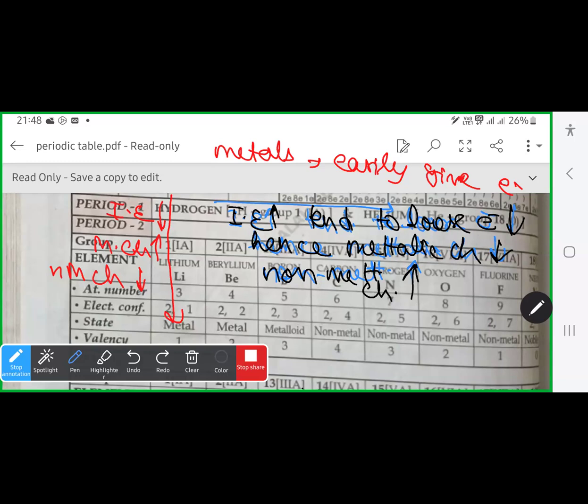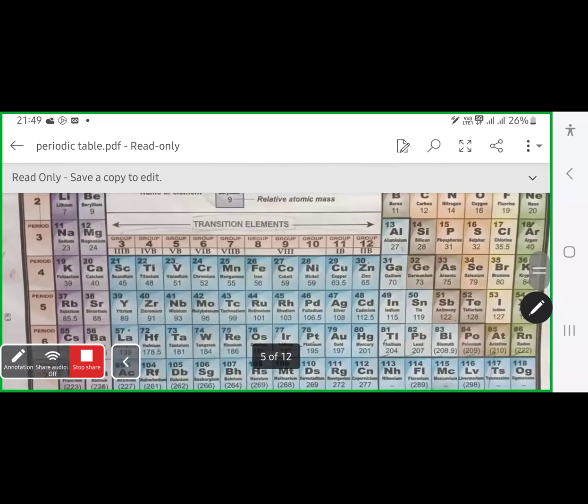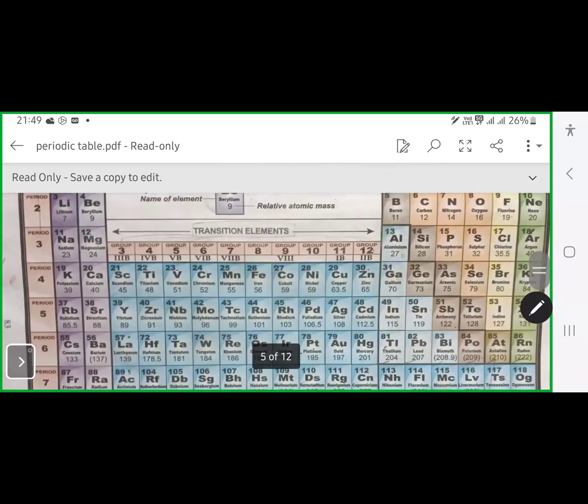So, as you see in the periodic table, we get a stair-like structure. Yes, sir. So at the top metals are fewer, and at the bottom metals are more, because metallic character is increasing from top to bottom. You see this line from boron to astatine.